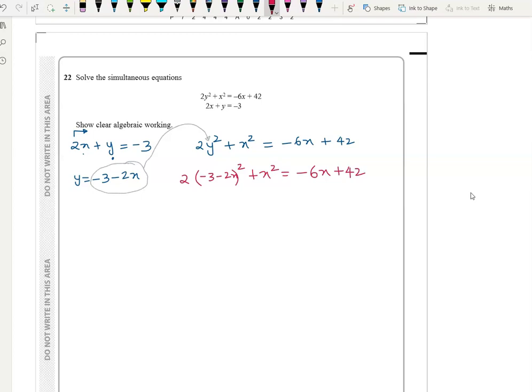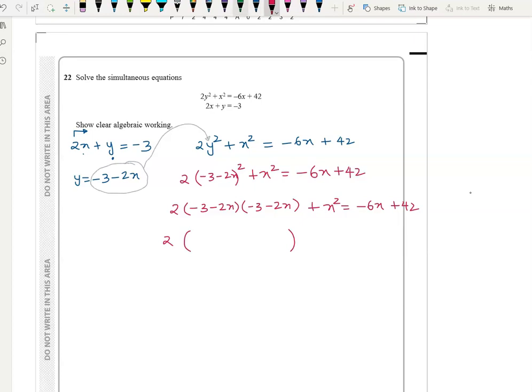So if you know identity, you can use a minus b whole square, or you can simply write the bracket twice and you can use FOIL method to get your answer. Equal minus 6x plus 42. So keep 2 same, expand the bracket.